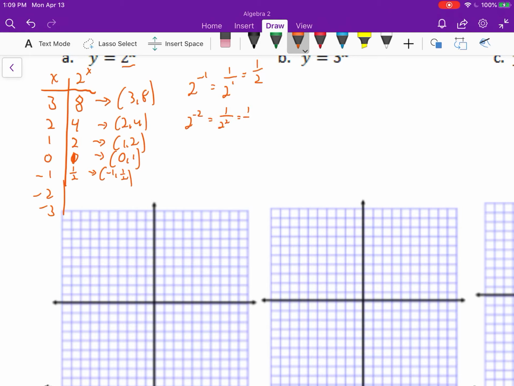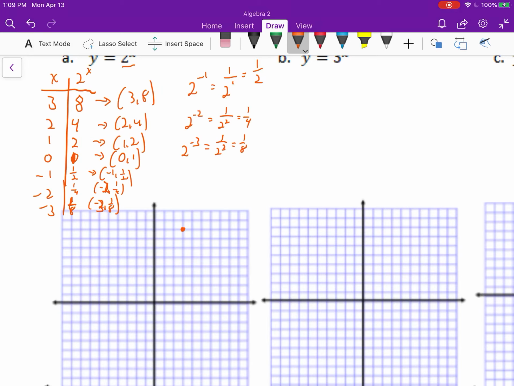Putting in negative 2, 2 to the negative 2 means we have 1 over 2 squared, which is 1/4. So negative 2, 1/4, and you might figure it out by now, 2 to the negative 3 is 1 over 2 cubed, which is 1/8. So this was negative 3, 1/8. Sorry about that.